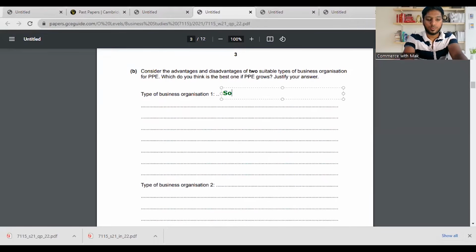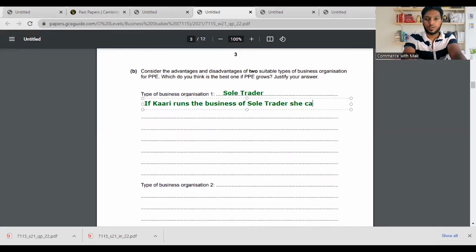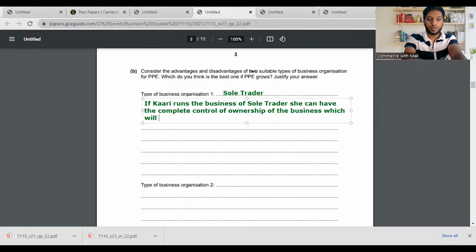Sole trader. I'll write here, if Kari runs the business as a sole trader, she can have the complete control of ownership of the business, which will enhance sole profit.